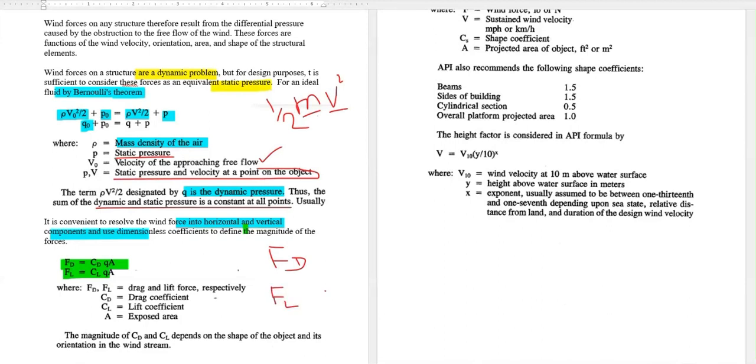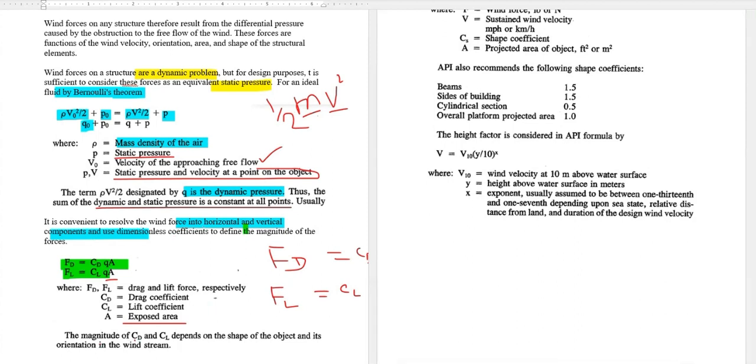Lift force depends on the coefficient CL, the lift coefficient, and CD is the drag coefficient. A is the exposed area, Q is the pressure. So pressure times area times coefficient becomes the horizontal wind force and the vertical wind force, which we can resolve into components, right?